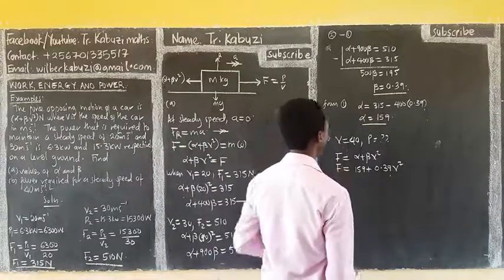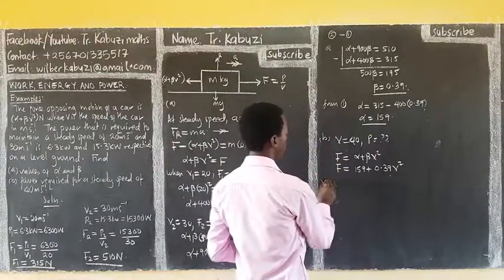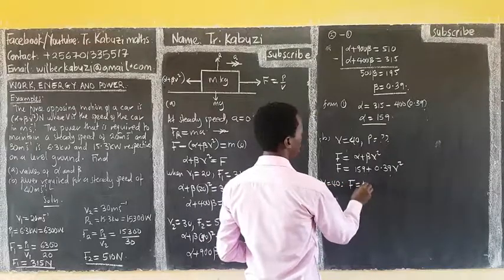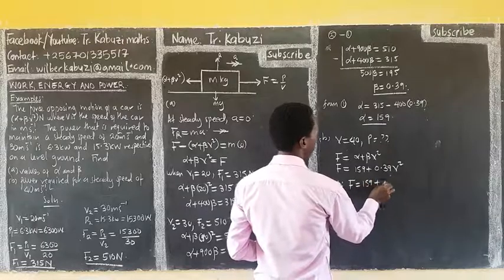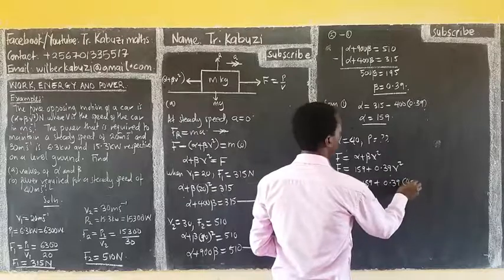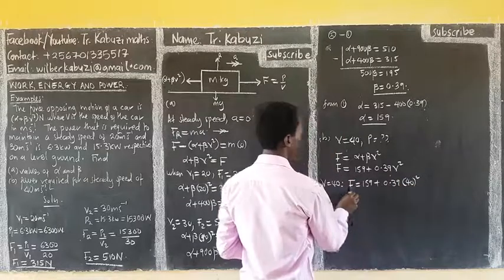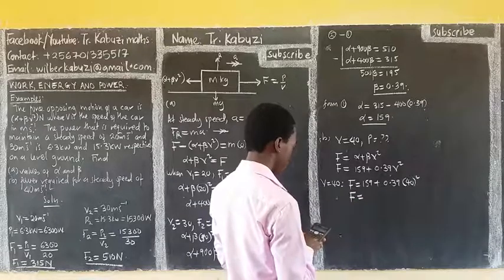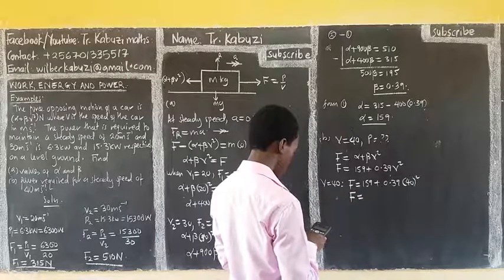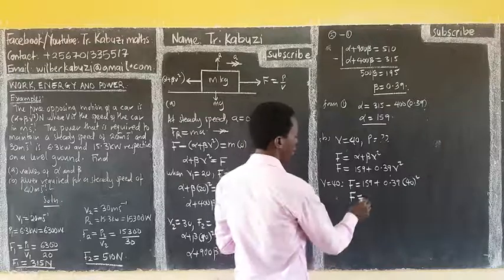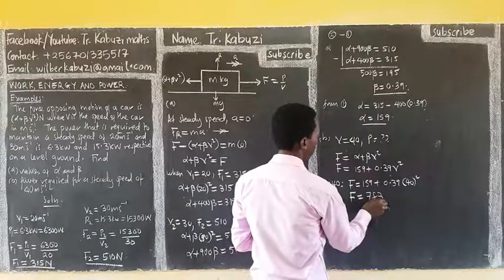When V is 40, my force is 159 plus 0.39 into 40 squared, and that will give me 783 newtons.